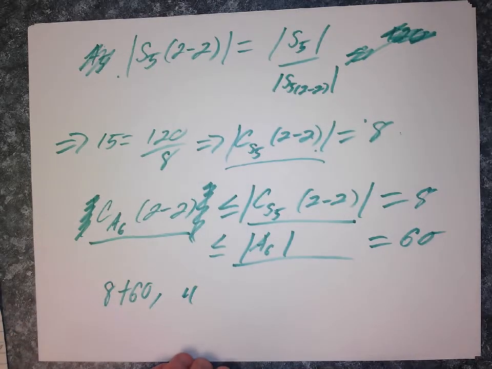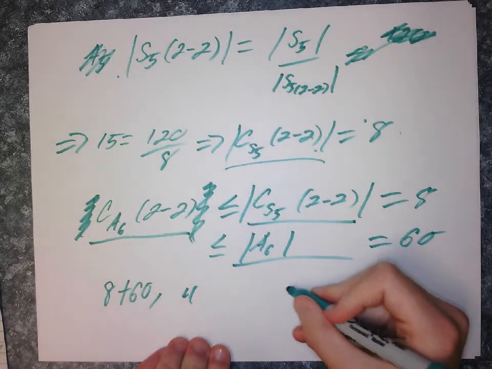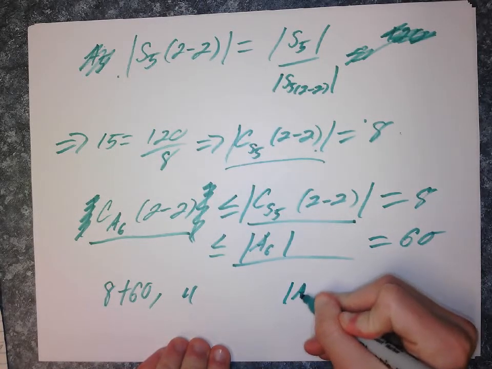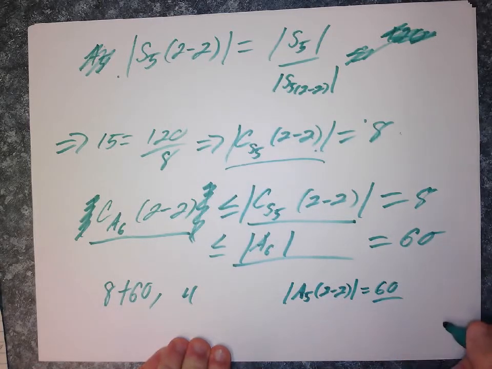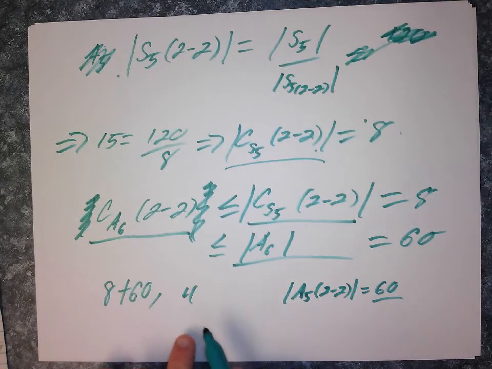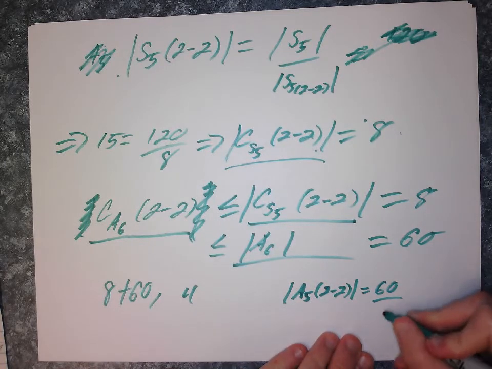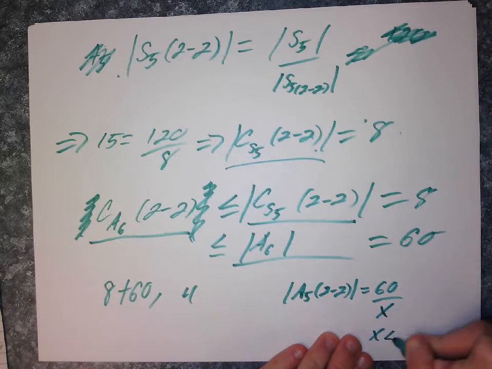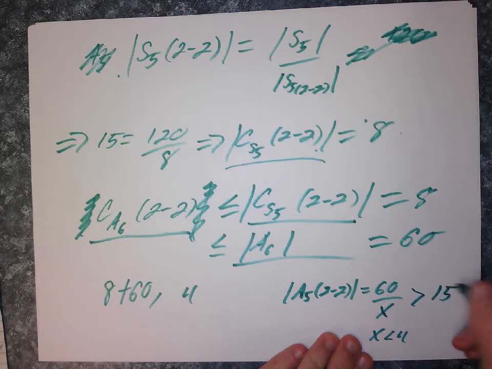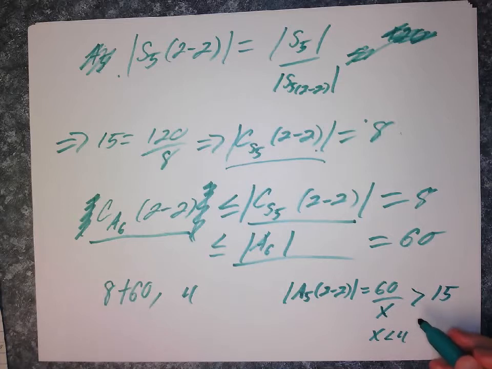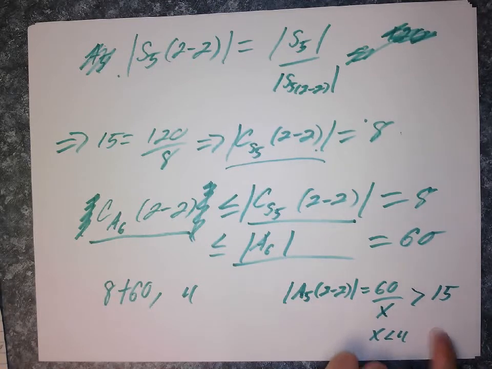But here's what we have to notice. What we're going to end up having is the order of the class of 2-2 cycles in A5, and it's going to be 60 over some number x. But if we pick a number less than 4, then we're going to get a number greater than 15. So for example, if we do 3, 60 divided by 3 is 20. But that means that we have more than 15 elements in a conjugacy class, but there are only 15 2-2 cycles, so that's just a contradiction.